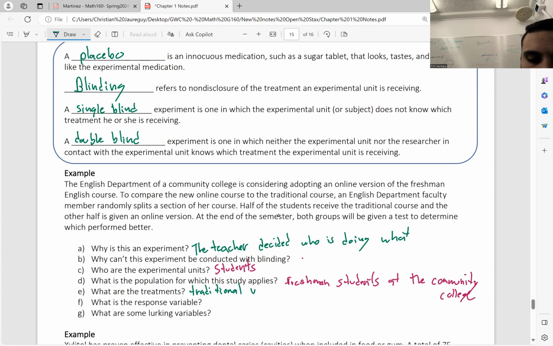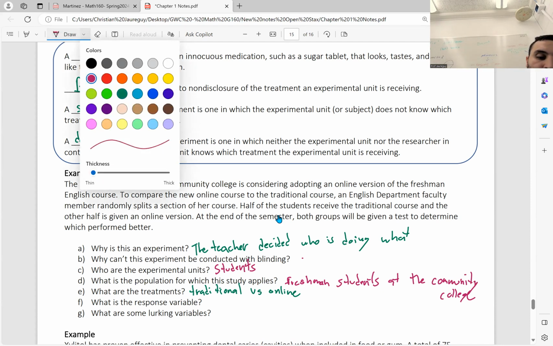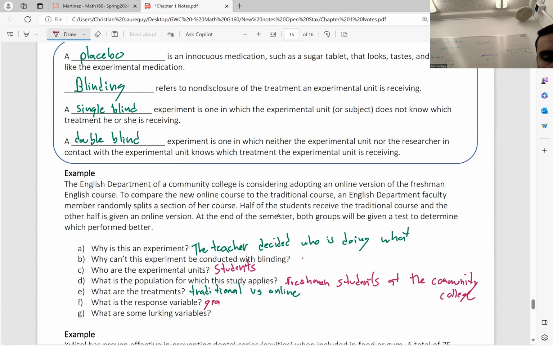Hopefully that makes sense. What's the response variable? The response variable would be the grade in class. I'll say that's not very clear from the problem there.